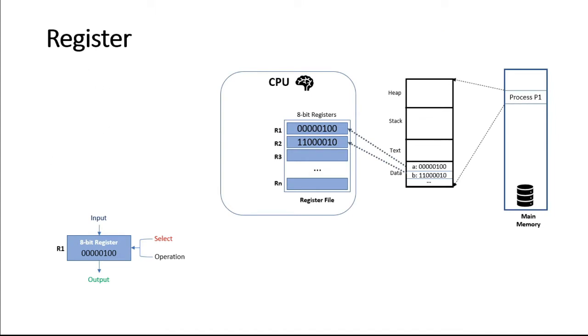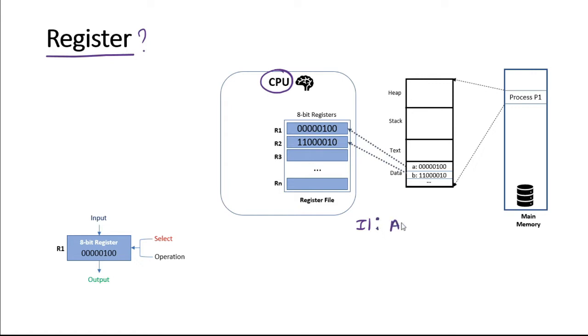Before discussing what exactly a register is, let me give you an example. Let's understand this using an example. As we know, the CPU fetches instructions from main memory, and let's suppose the instruction sequence looks something like this.